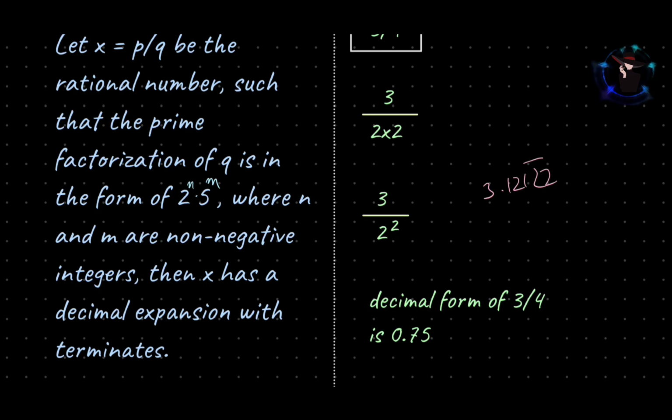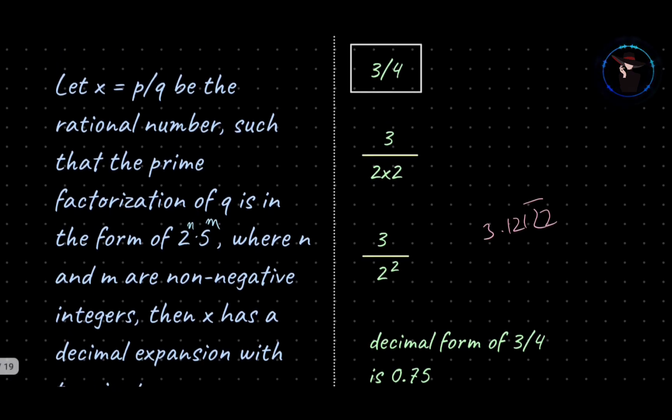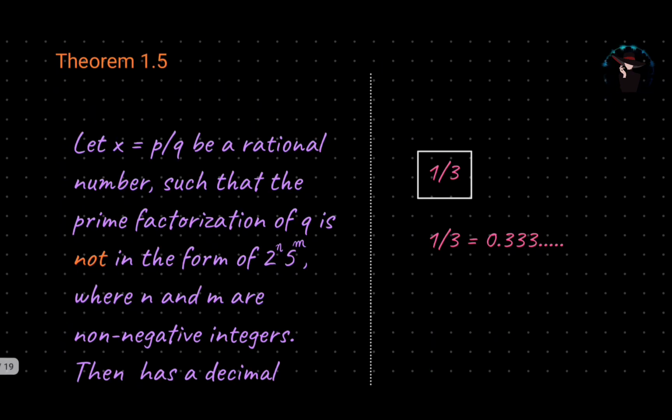Similarly, we have another theorem, that is 1.5. This theorem is the complete opposite of the previous one, where the factors of q should not be in the form of 2 power n and 5 power m. This is the one that has a continuous non-terminating decimal form, whereas in the previous one q has a terminating decimal form.